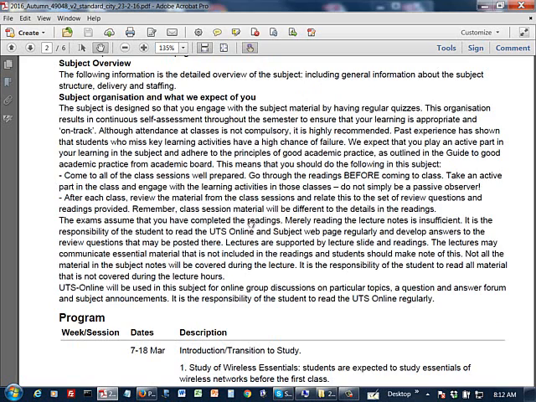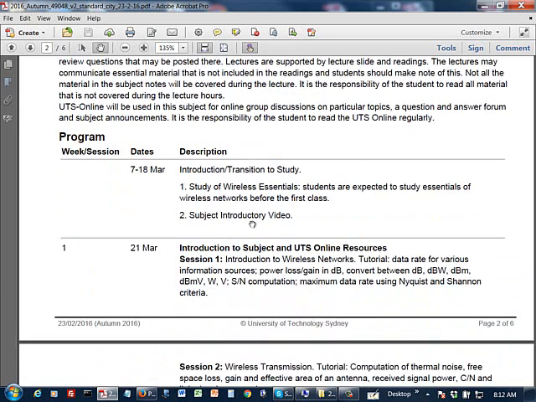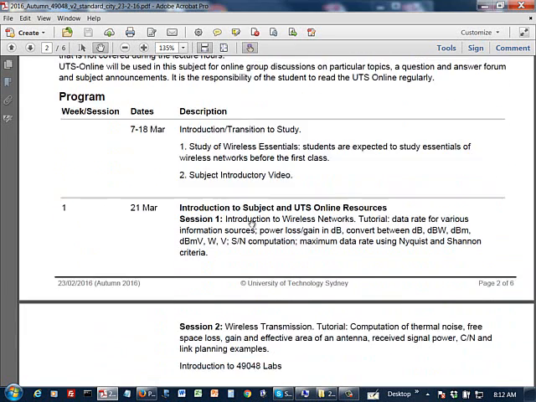So next I will go to the program. So as you can see in the program, there is a period referred to as transition to study, and so there will be no lectures during this time, but I'm expecting you to study important wireless essentials before the first class, and you're also expected to go through this introductory video.